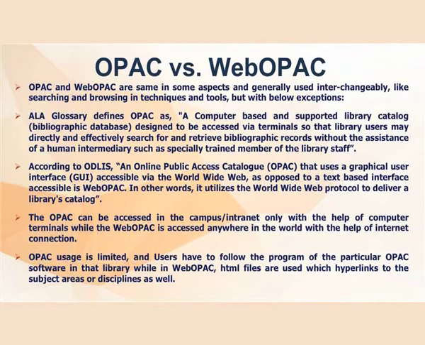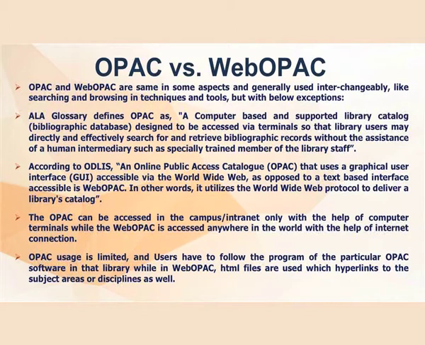Exceptions are like the ALA glossary defines OPAC as a computer based and supported library catalog or bibliographic database designed to be accessed via terminal, so that library users may directly and efficiently search for and retrieve bibliographic records without the assistance of a human intermediary, such as a specially trained member of the library staff. So, this was about OPAC.